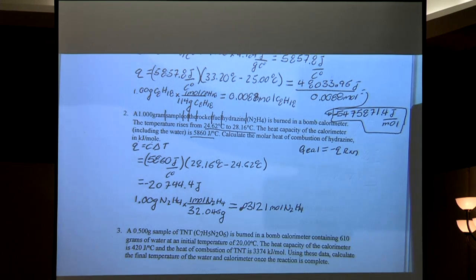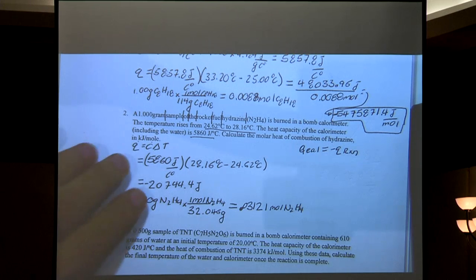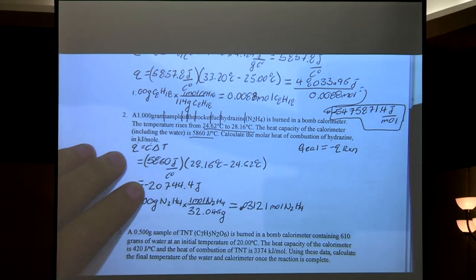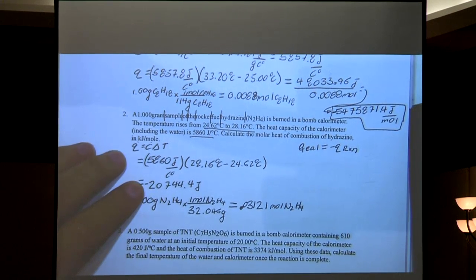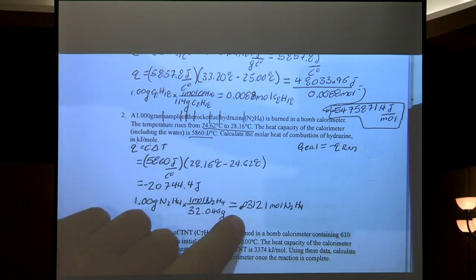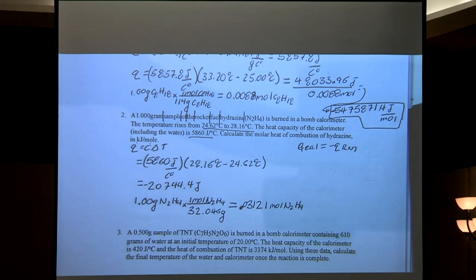I'm going to ask the same question as last time. When I burn 1 mole, do you expect this number to be higher or lower in terms of magnitude? Don't worry about the sign. Higher or lower than when I burn this amount? So I have 1 gram.